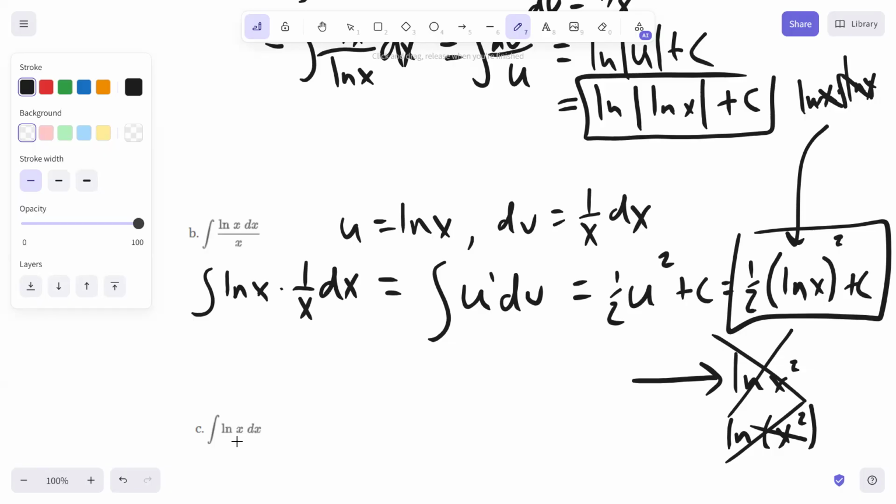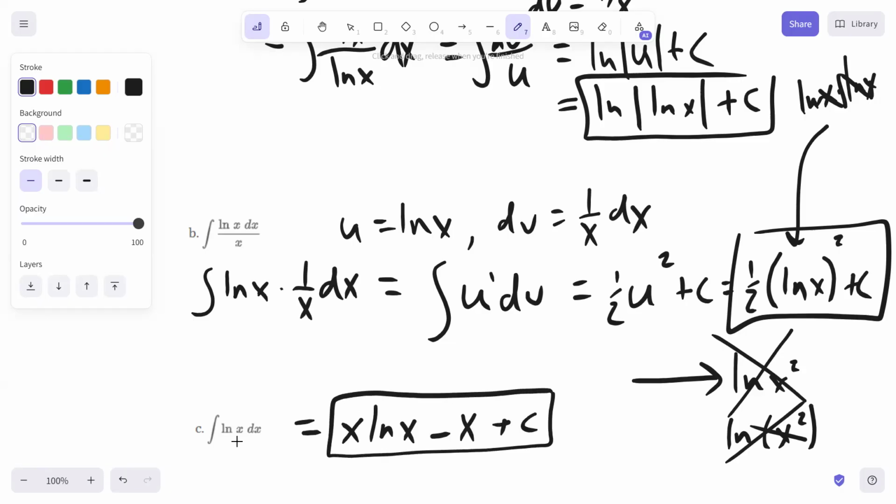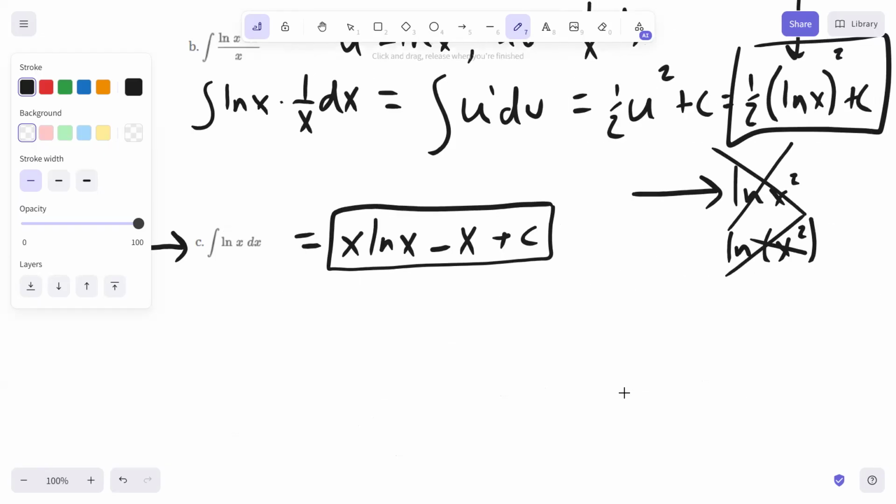There's actually a method called integration by parts. It's kind of a reverse product rule, but we haven't learned that yet. But that would be applied to this one. I'm just going to show you that the answer would be x natural log x minus x plus c. So it might be helpful to remember the antiderivative of natural log, but you don't have to have that memorized.